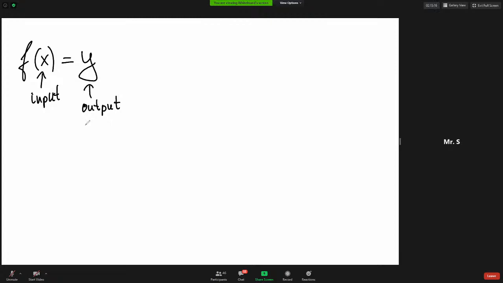Now, this corresponds to ordered pair notation, x, comma, y, which of course correspond to points on the graph. So our goal is we should be able to look at the graph and read off the function notation and use ordered pair notation from the graph back and forth.